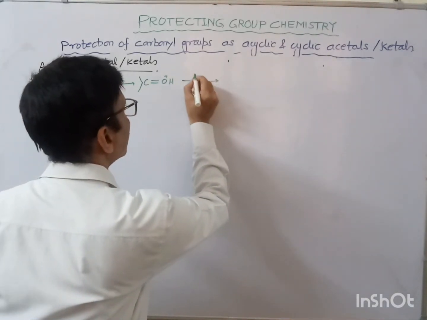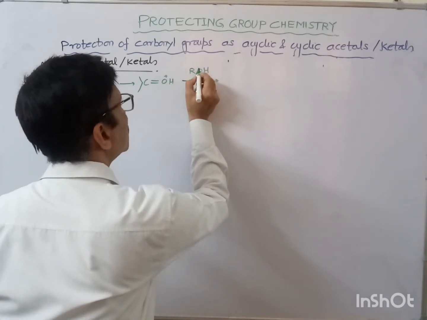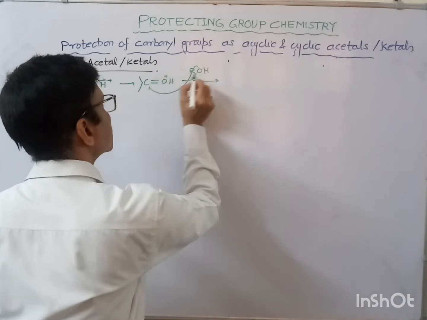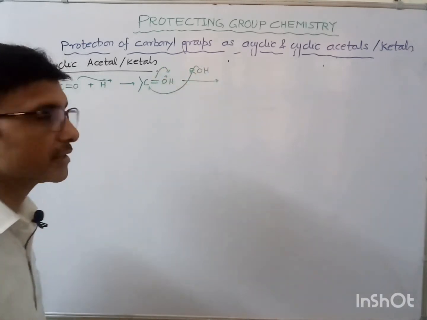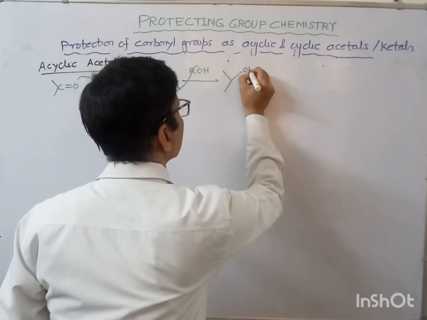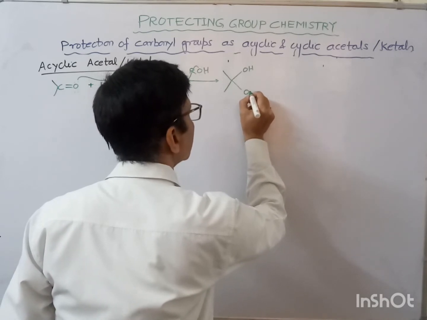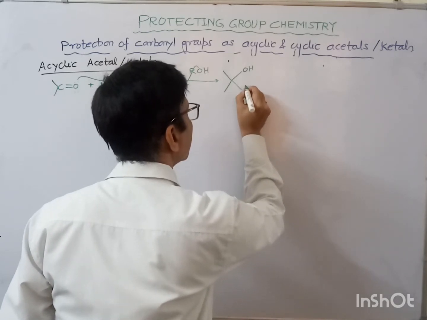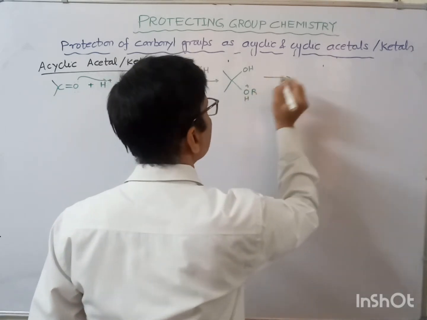Now if we have an alcohol molecule, this alcohol being a nucleophile will attack the strong electrophilic center here, and we will get an OH. The next step is proton transfer.